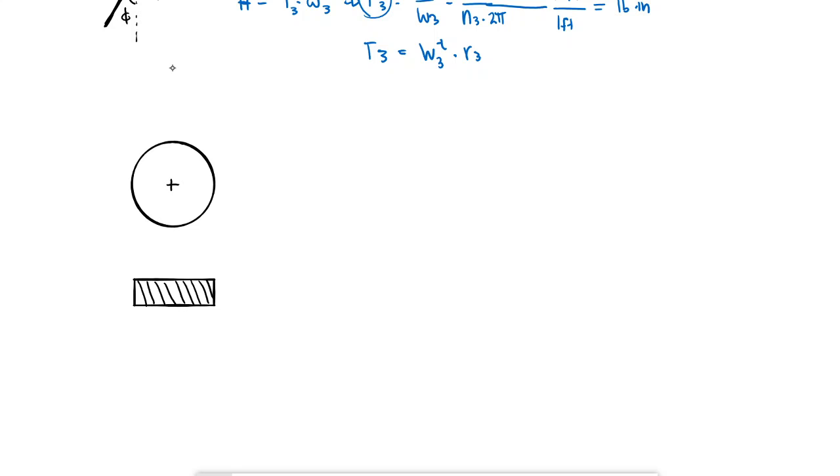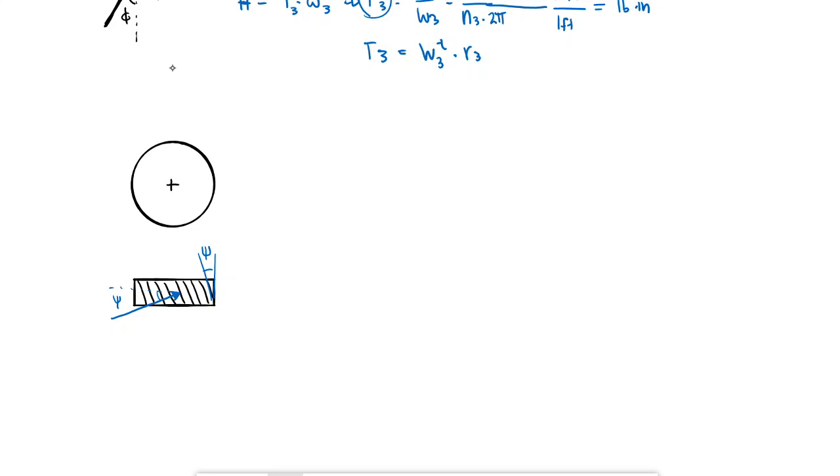What this means is that the force that is on the plane of the screen will be going at an angle that has to be perpendicular to the teeth, because it's a normal force. Okay, it has to be perpendicular to the surface. So if this angle is psi, which is the helix angle, this angle is also psi.